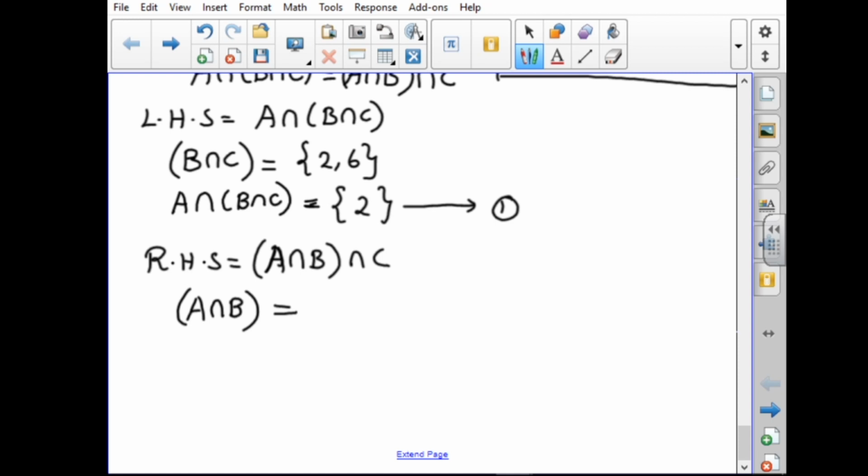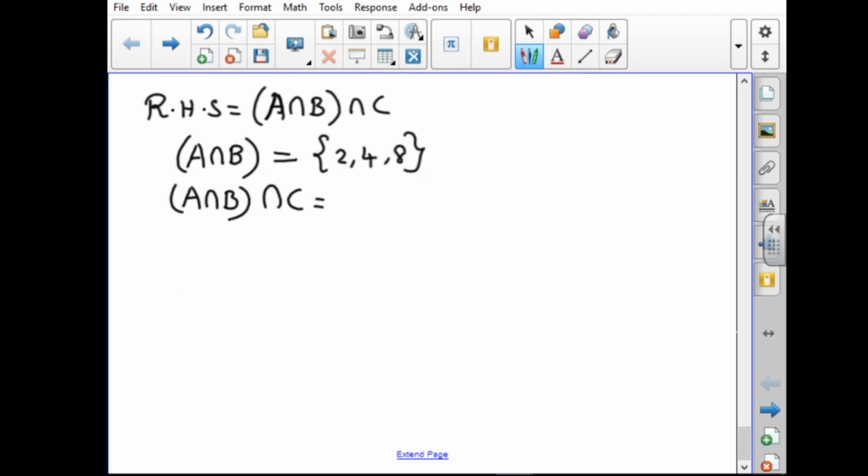The common elements are 2, 4, 8. Then next we should find the intersection with the C set. In the C set the elements are 0, 1, 2, 5, 6. So 2 is the only common element. This is equation number 2.